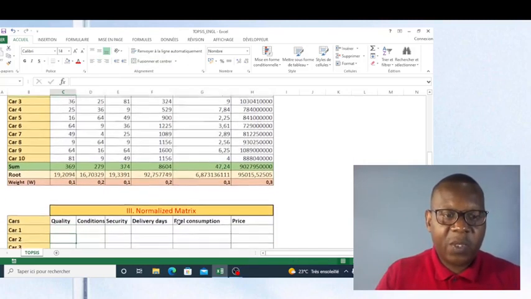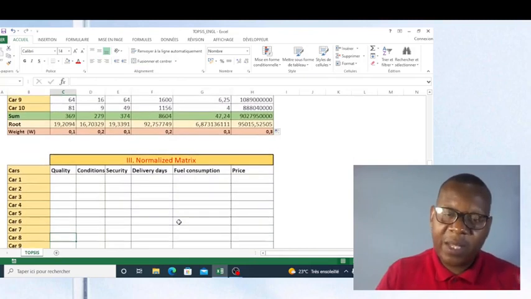Now the next step is to normalize our matrix, because our matrix does not have the same measure.